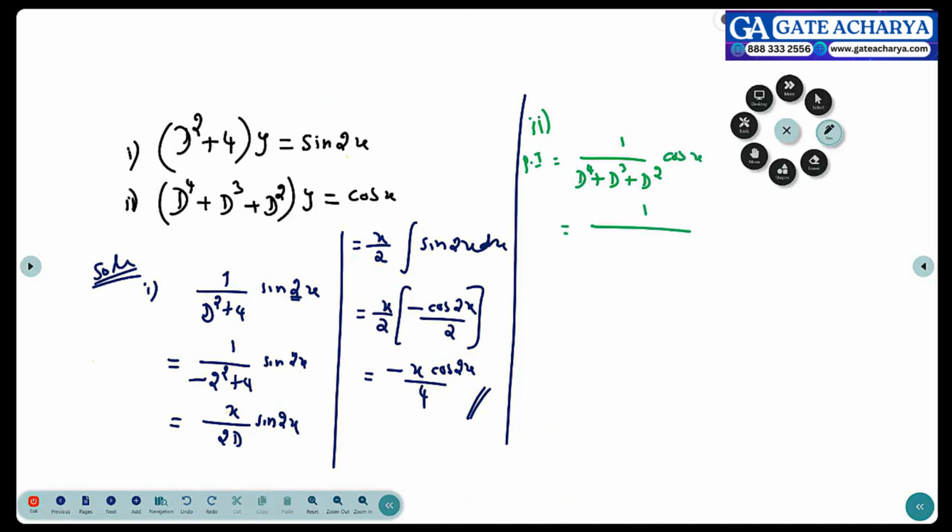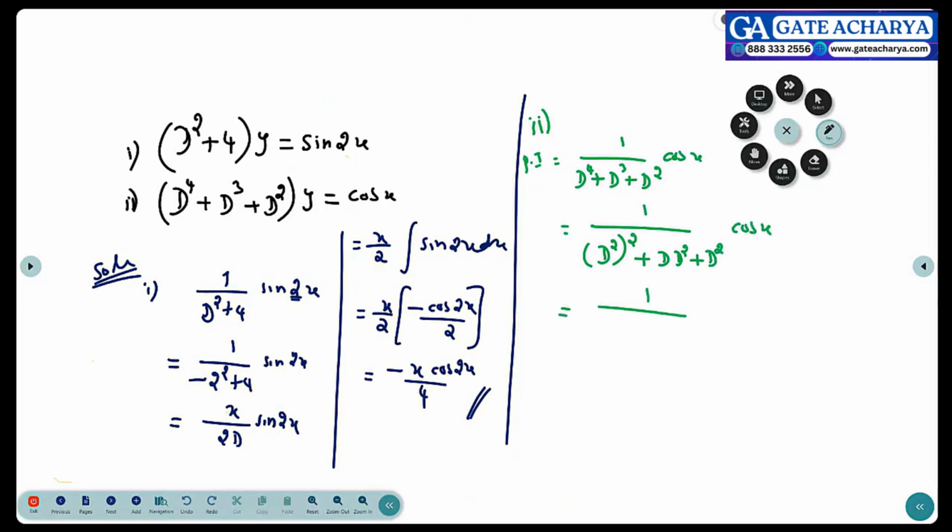It is a higher order linear differential equation with constant coefficients, trigonometric form. So in this case, D square is replaced by minus m square. So D power 4 can be written as D square the whole square. D cube is written as D into D square. D square is D square into cos x.